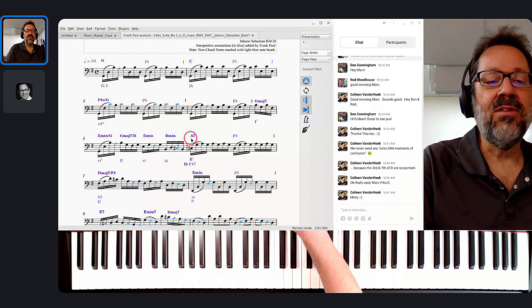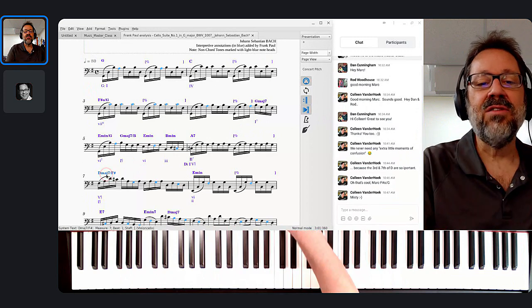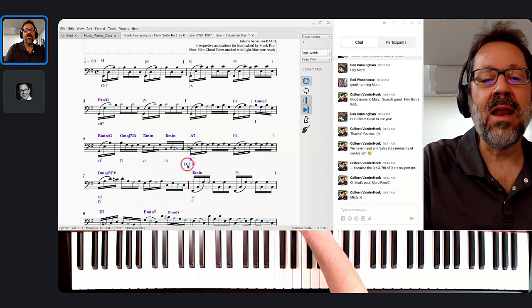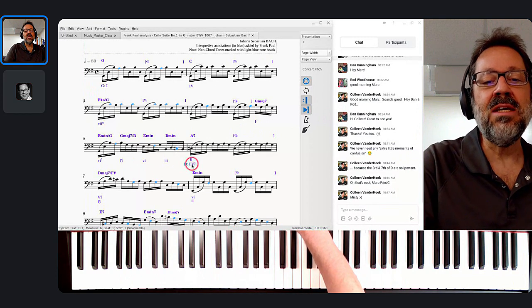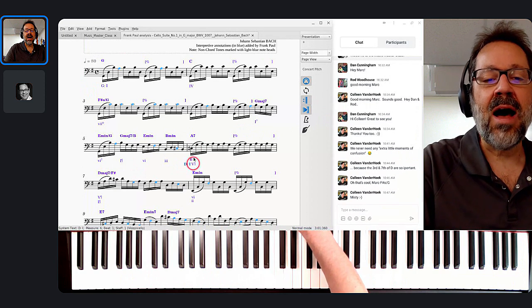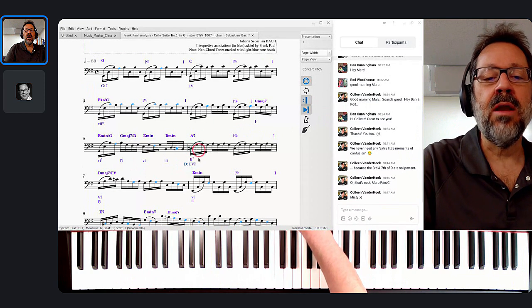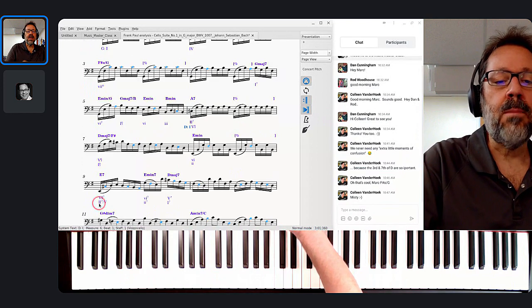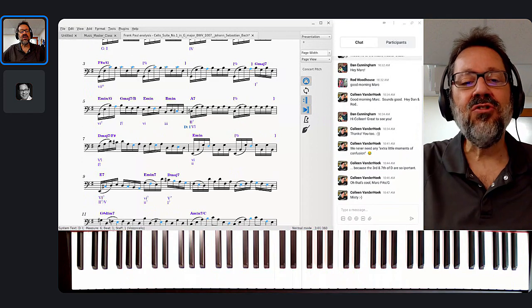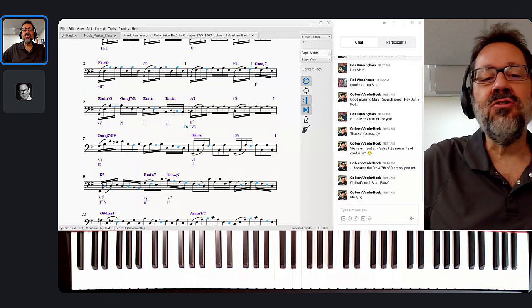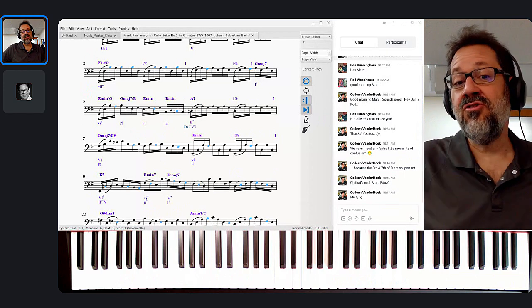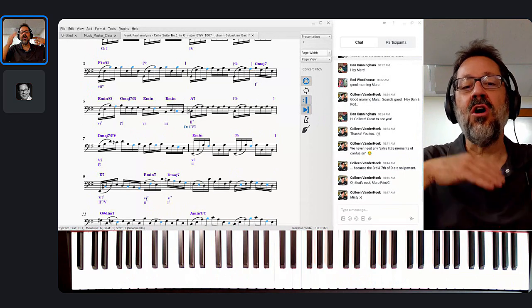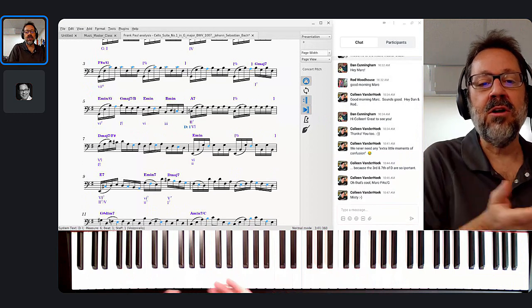Now, that said, there's some really good stuff here. Like he's got this A7 going to D, and this is absolutely true, and he's analyzing that absolutely correctly in the key of D. That is 5 going to 1. And realistically, the question is, have we really modulated to D, or was this just a secondary dominant? In other words, do we just call it 5 of 5 going to 5?